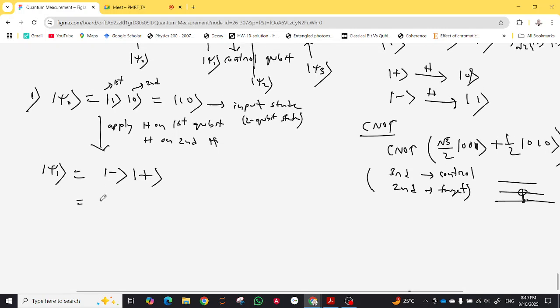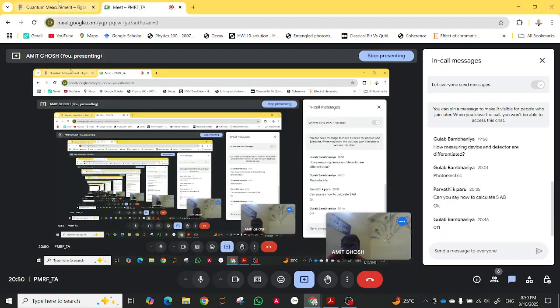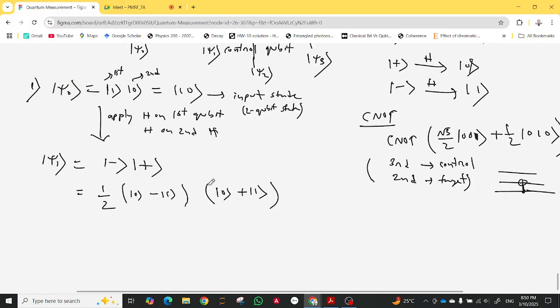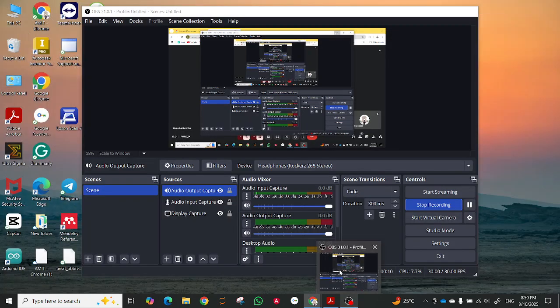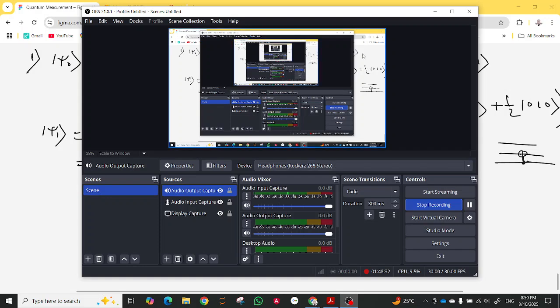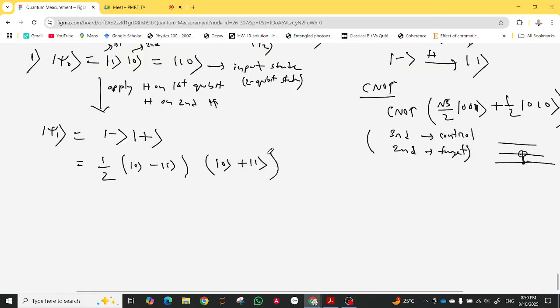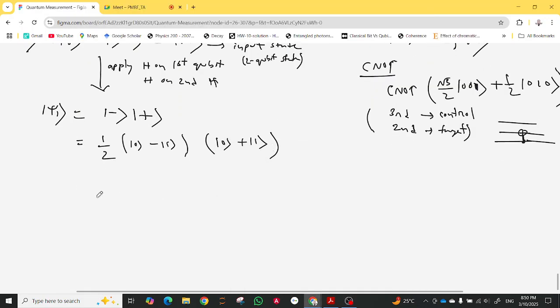The minus state is nothing but 0 minus 1 and this is 0 plus 1. So this is your psi1.